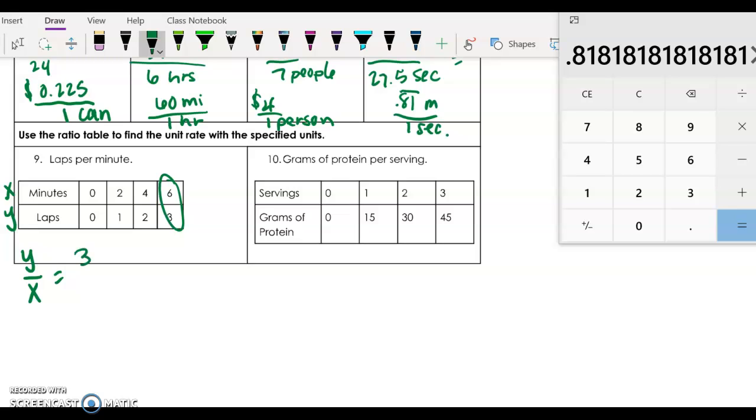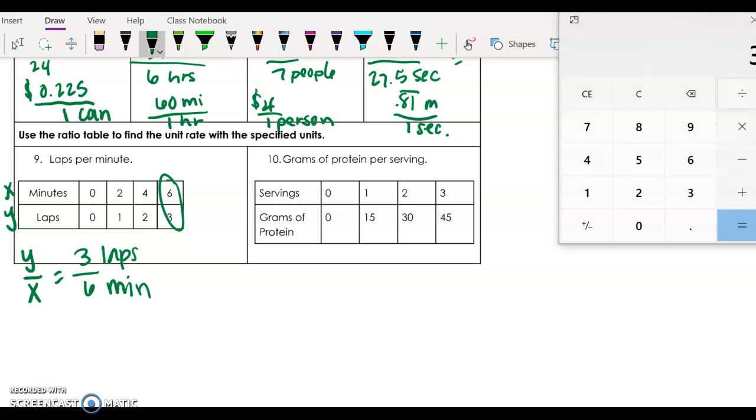So I have 3 laps in 6 minutes. And so I'm going to divide 3 divided by 6, which equals 0.5 laps in 1 minute.